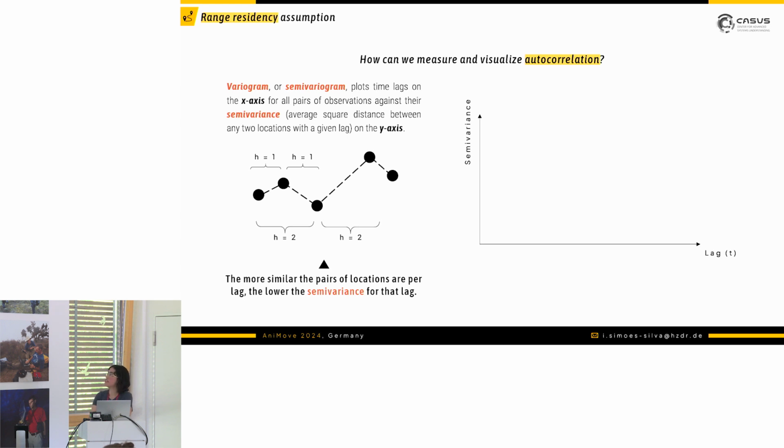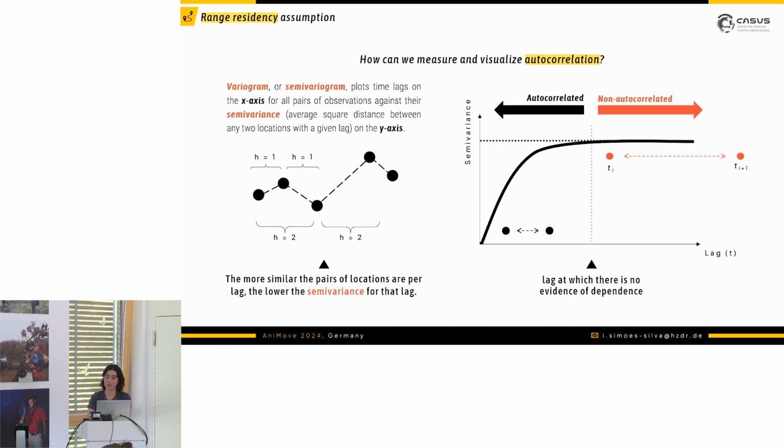As we saw, the way to measure and visualize this autocorrelation is with the variogram. Again, Chris covered some of this, so I'm just going to quickly go over it again. Essentially it plots the time lags on the x-axis against the semivariance, which is the average square distance between any given 2 locations, right? So any locations that are that far apart in time are used for that. And obviously, the more similar the pairs of locations are, the lower the semivariance is going to be.